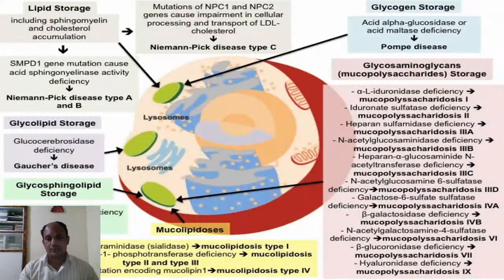Now see this diagram, it explains the different types of lysosomal storage diseases. See here, lipid storage, including sphingomyelin and cholesterol accumulation, results from a gene mutation in the gene called SMPD1. This mutation causes a deficiency of the sphingomyelinase enzyme, and this deficiency causes a disease which is also a metabolic disorder.